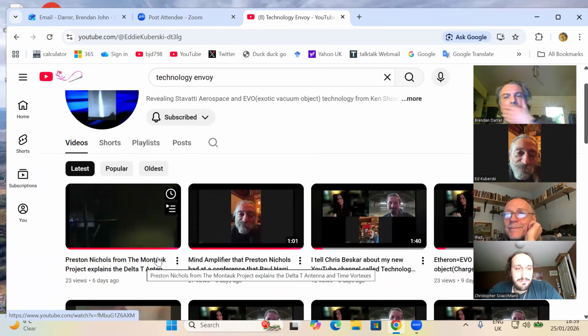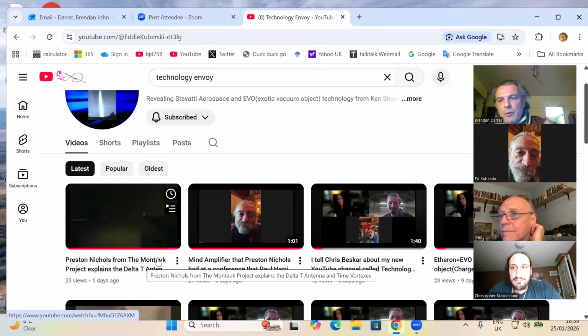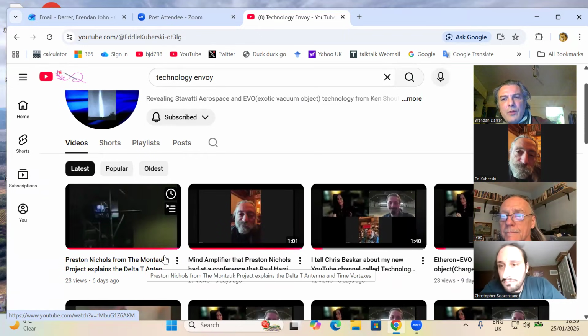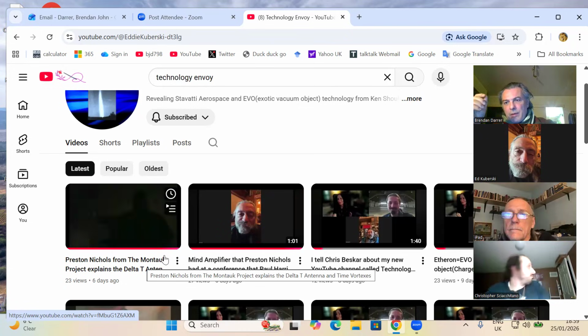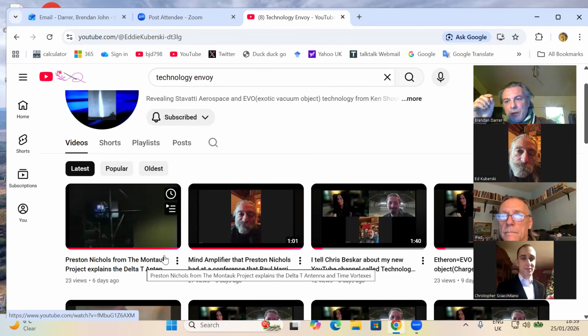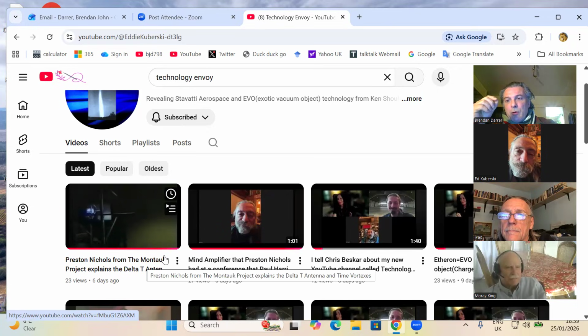Just before I play that, I was going to say something about what we're talking about, scales, and Moray King talking about that. Paul was also saying that in the laboratory you can't see violations of the conservation of energy, the first law of thermodynamics, because it's too small. But he says if you go to the astronomical scale with genic energy, then you can see it much more clearly.